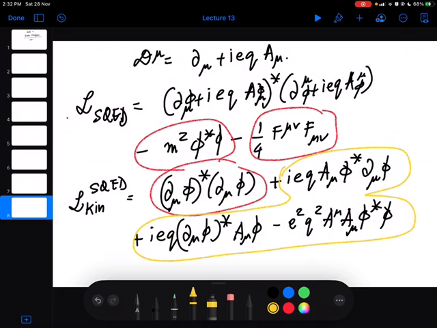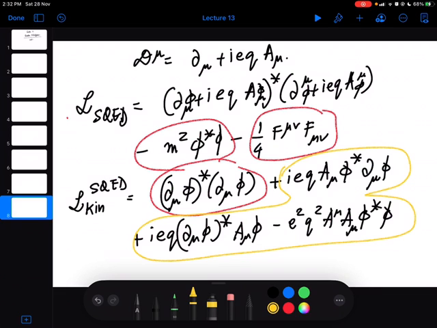Independently you can write a Lagrangian for electromagnetic theory, but this Lagrangian came automatically to us because we didn't start with electromagnetic theory, we started with the U1 theory. But it turns out that if I make this U1 theory locally gauge invariant, it is automatically a theory of electromagnetism, just by demanding that the gauge invariance should be local.